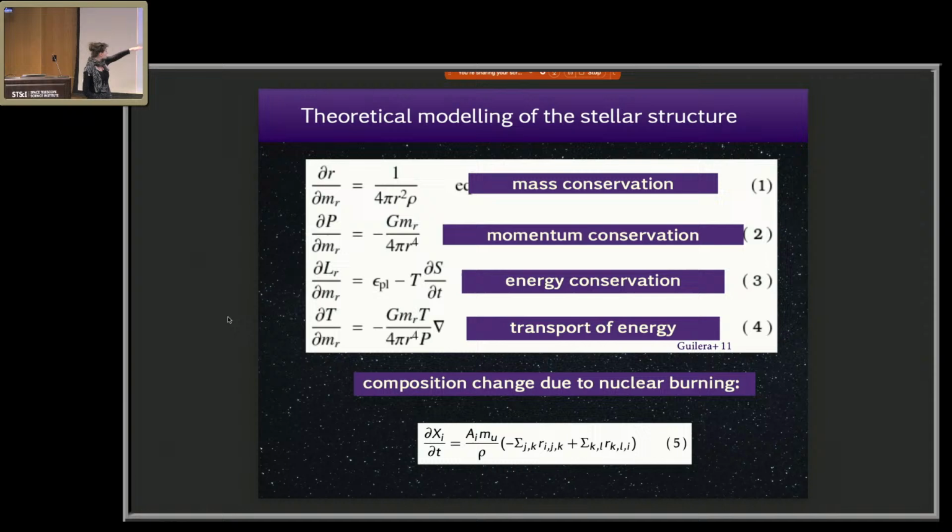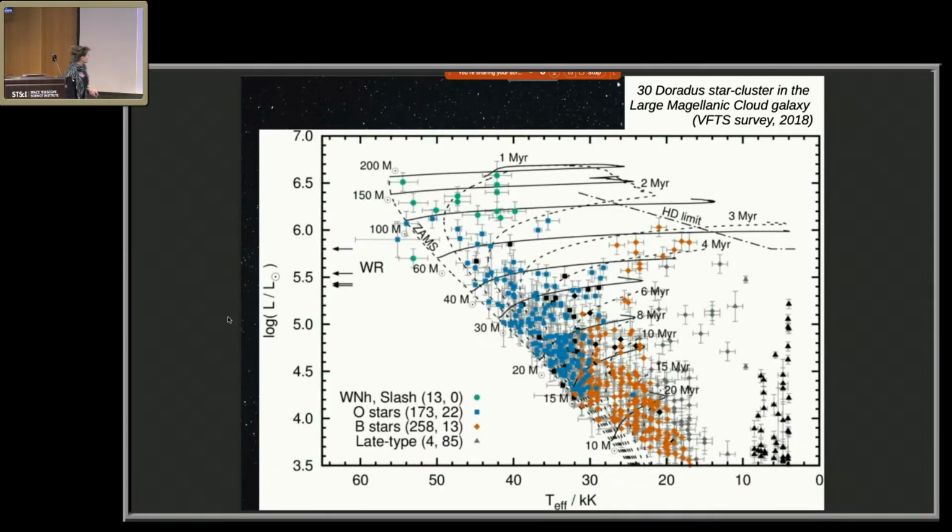So we compute the first four equations, then change the composition, which means change the time, so you have a time step, and then you compute the first four equations again, and so on, from birth to death. This is stellar evolution.